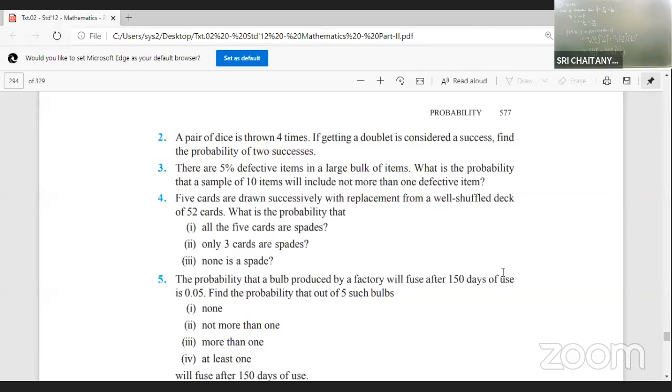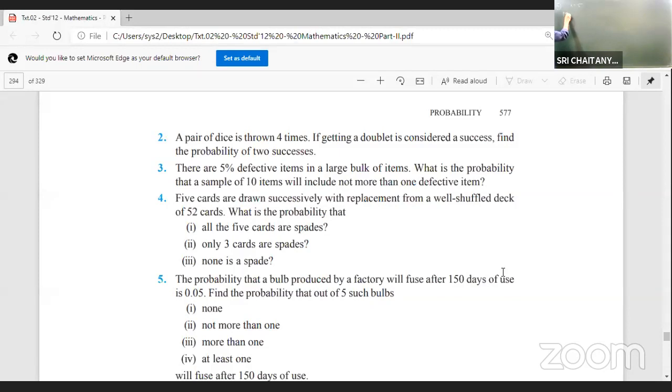Yes, the fourth one. Five cards are drawn successively. That means N value is equal to 5. Okay. Now with replacement from a well shuffled deck of 52 cards.